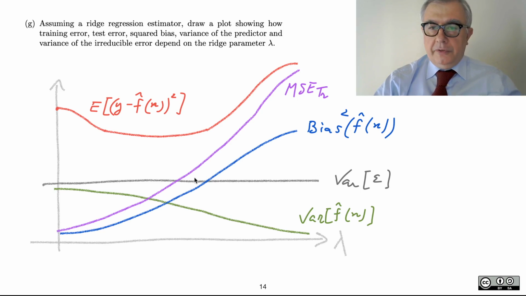Therefore this is not a good criterion to choose the optimal value of lambda, because it will always suggest that you should be using a very small shrinkage parameter, or you should not shrink at all, if you look just at the training error.